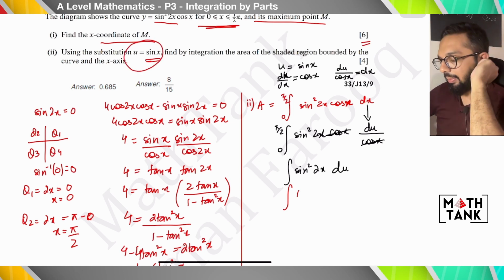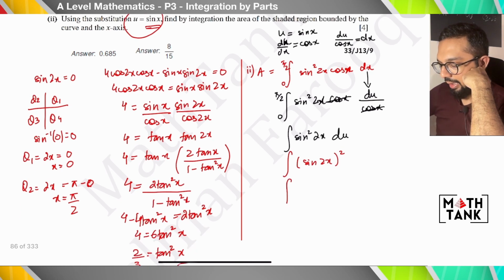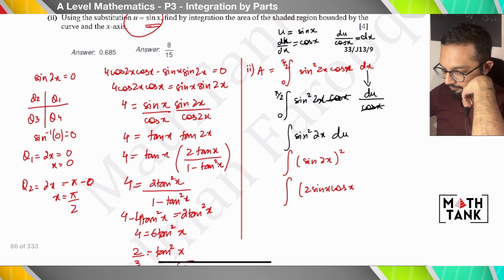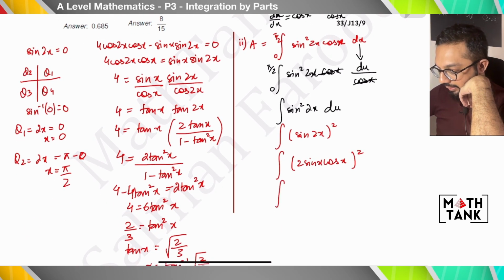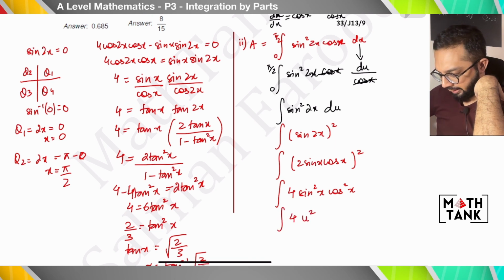Now that is problematic because I can only substitute u equals sine x. So I think about my identity for sine 2x, which opens up and becomes 2 sine x cos x. Then I see my substitution, but again that's only one of those. So let's first put the power and say that this becomes 4u squared into cos squared x.